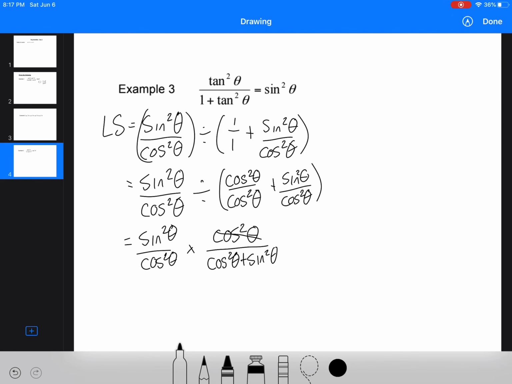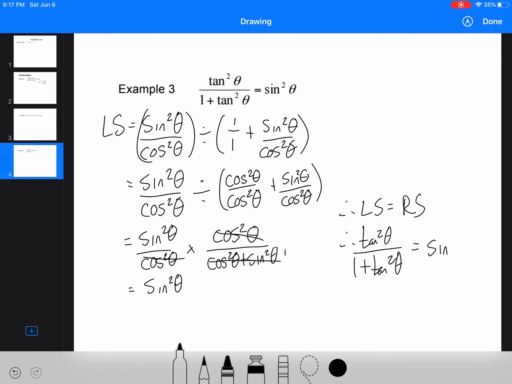These two will cancel out. This will cancel to a 1 because we know that that's equal to 1. So we're left with sine squared over 1, which is just sine squared. Therefore, left side equals right side. Therefore, tan squared theta over 1 plus tan squared theta equals sine squared theta.